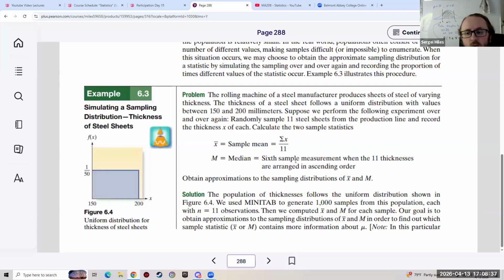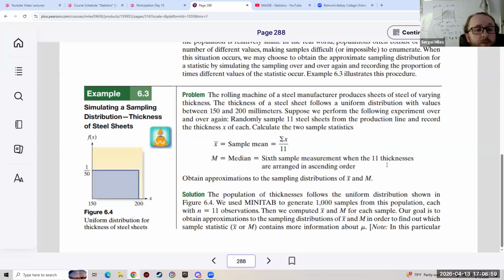The median is whatever the middle is of these 11 data entries, which is going to be the sixth sample measurement when the 11 entries are arranged from least to greatest. So that's how we can calculate the median.